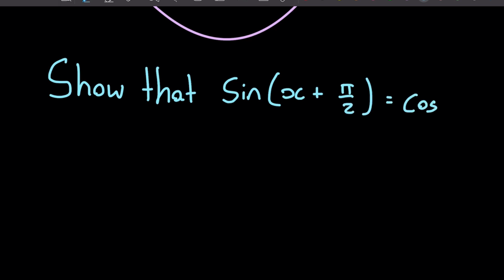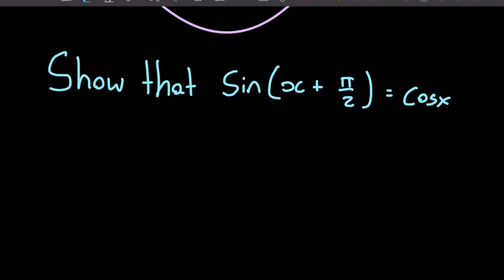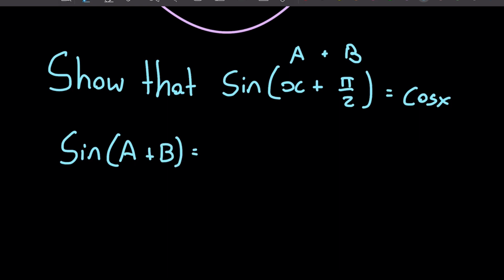Now remember the magic formula. In this case, this is in the form sine a plus b, so we can rewrite this with just the form. Sine of a plus b is equal to, and we know from the formula... What is the formula? Think about it. If you haven't been able to get it right so far, please go back in the video, look at it one more time, and remember it. Active recall is very important.